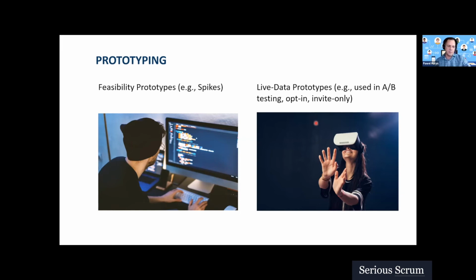So it means that we just selected users and they knew that it would be an experiment. And of course, we can mix different types of prototypes, like feasibility prototypes with user prototypes, and perform other types of experiments. Those are only examples of what types of tests we can perform.